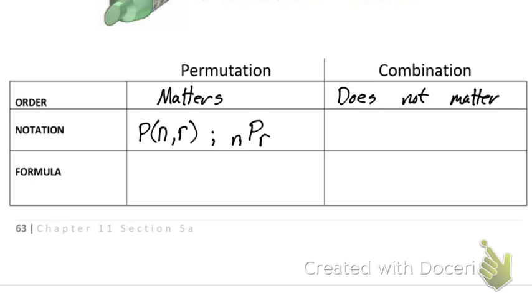For combination, there's actually 4 different ways you can write it. You can write it pretty much like a permutation where you have a C instead of a P. So we have C(N, R). We can also do it the same way we did the permutation in the middle there, where we just have our N on the left-hand side, cap C in the middle, lower or sub R at the end.